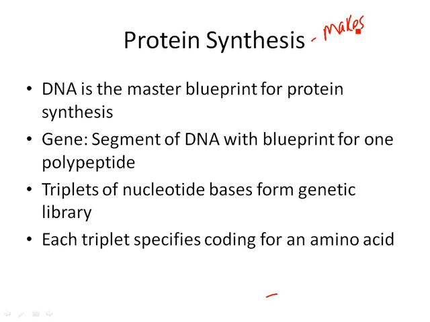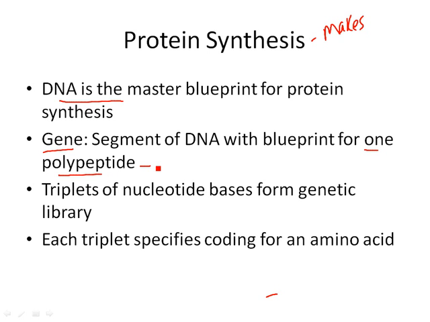We need basically a blueprint for those proteins, and the blueprint is encoded in the DNA. So your DNA is your blueprint for all the proteins that your body needs to make in order to be alive. And this DNA is divided into genes, and each gene is a segment of DNA, and each gene codes for one polypeptide.